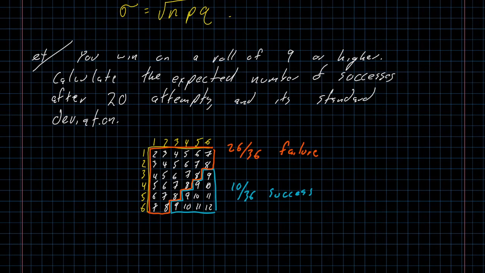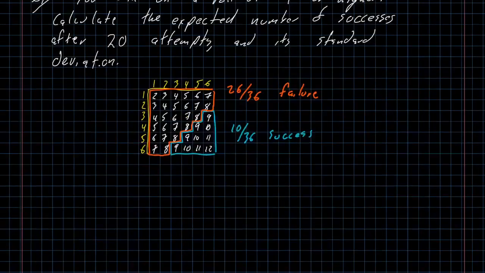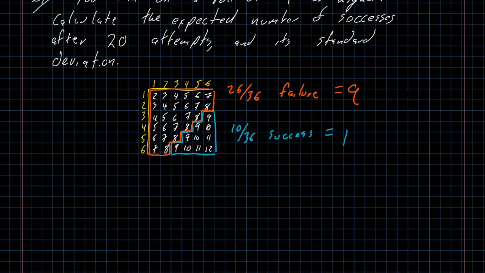And so using the formulas that I just wrote down, the expected number of successes, well, I guess I should give these labels. Probability of failure is Q, probability of success is P, and we said that there were n equals 20 trials.